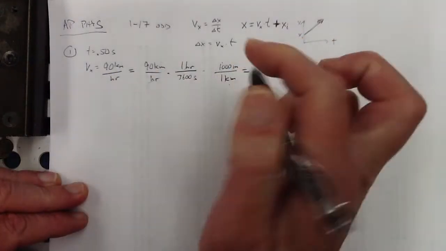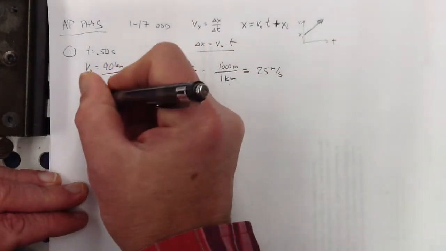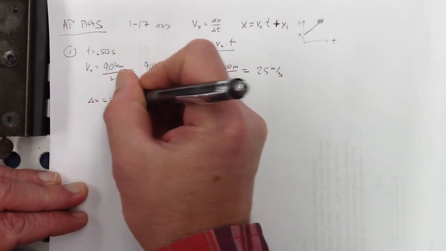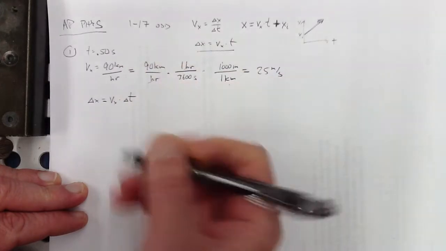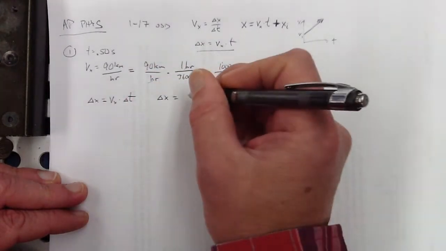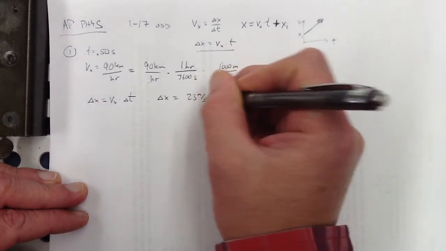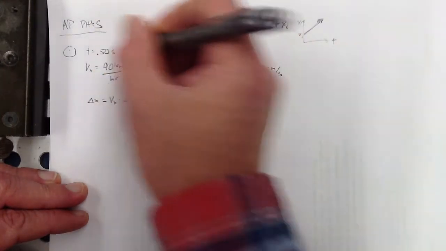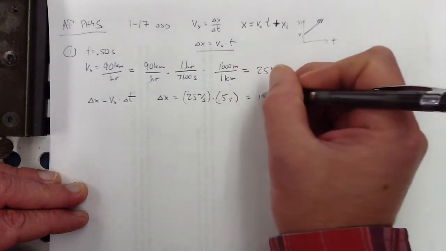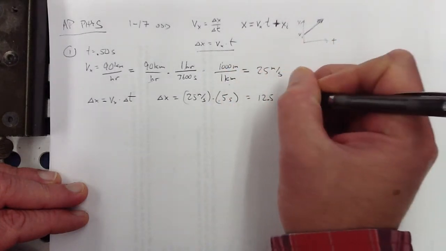And then, according to this, my delta x is equal to Vx times delta t. I'm going to write that out because I haven't used that many times, so just getting used to it. 25 meters per second times half a second. That's 12.5 meters.